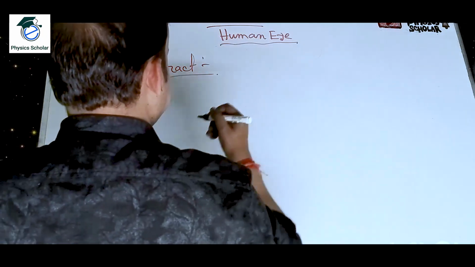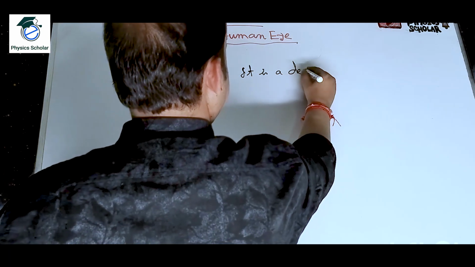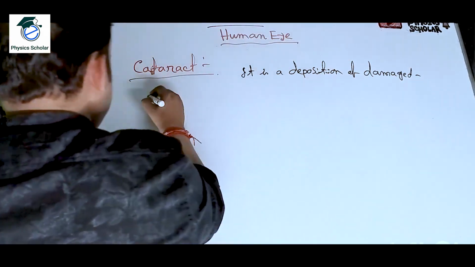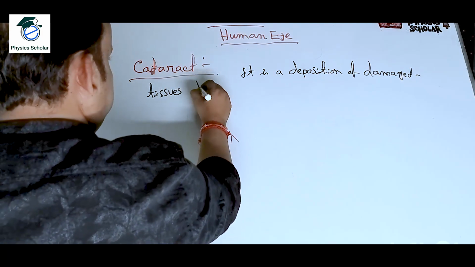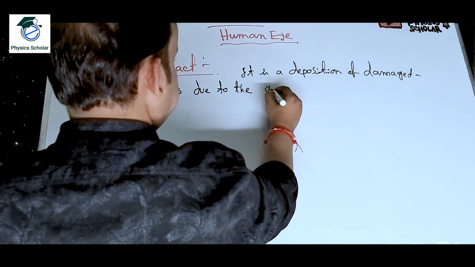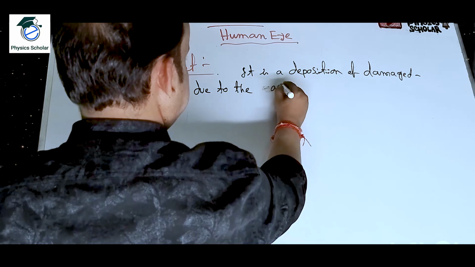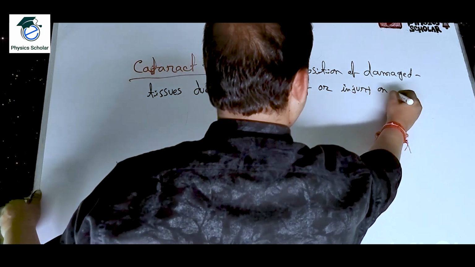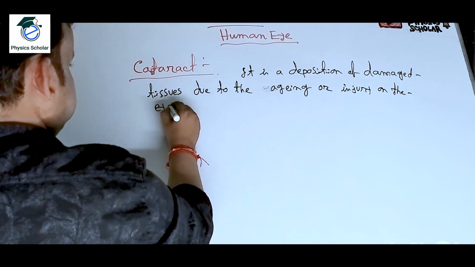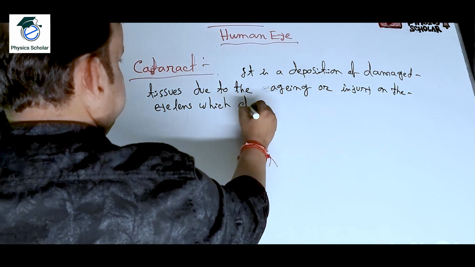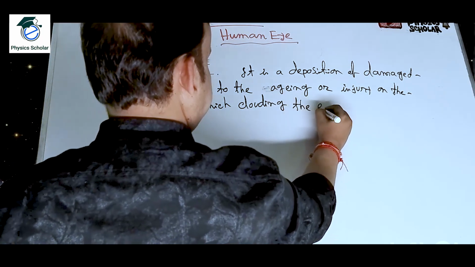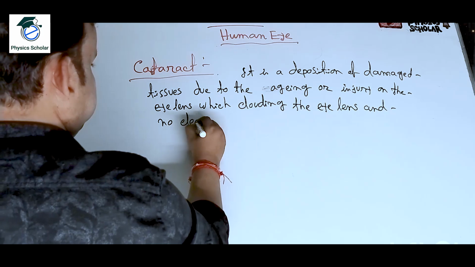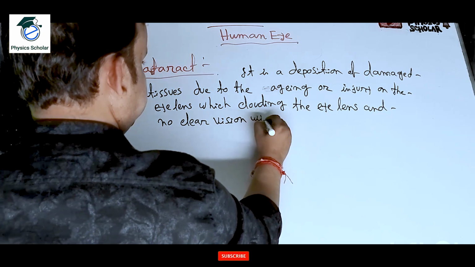So it is a deposition of damaged tissues due to aging or injury on the lens, which clouds the lens, and no clear vision will be there.